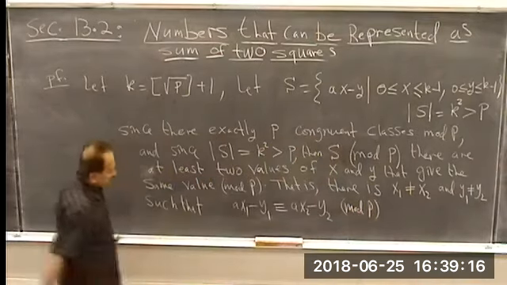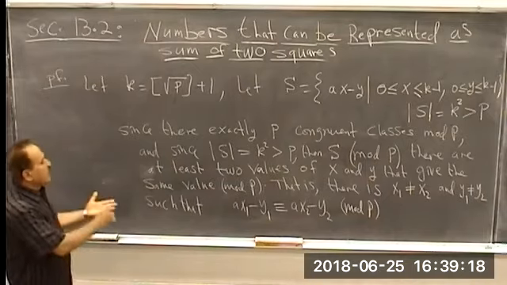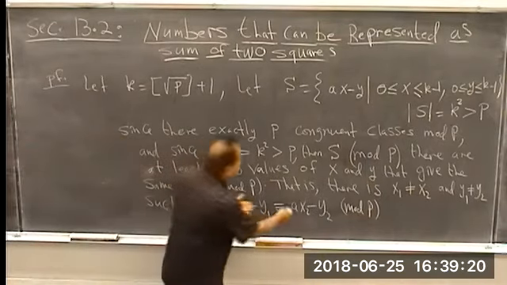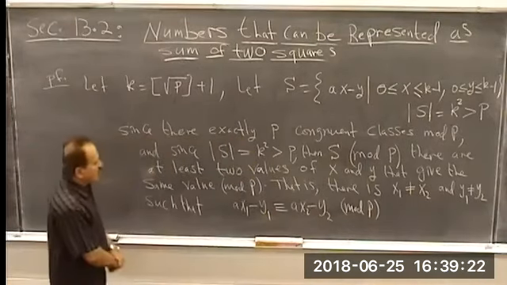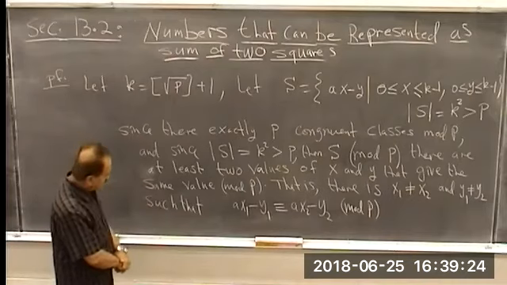So in other words, when we plug in these values of x and y, we get the same value mod p. That's what this one is saying.